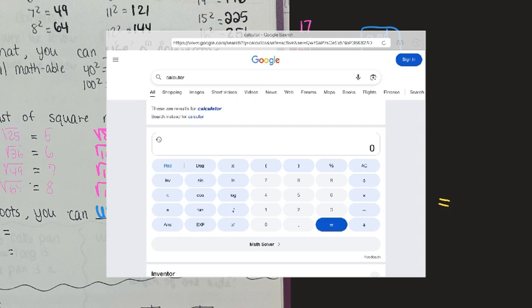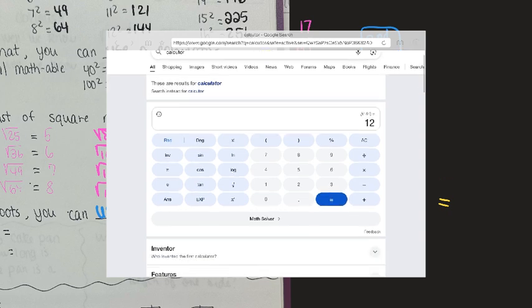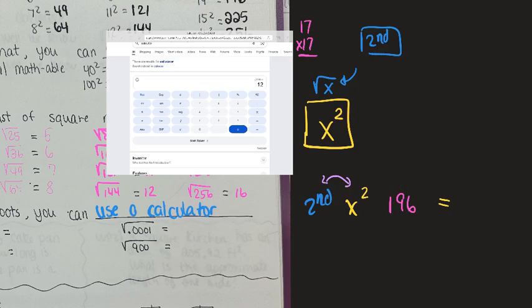Okay, so if I do the square root button, okay, I think I've got it to work. So if we do the square root button, 144 equals 12. Maybe on the school calculators, what you have to do is the other way around.